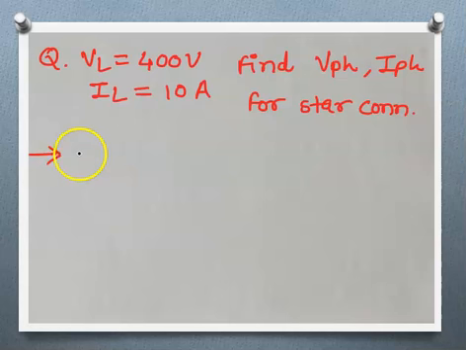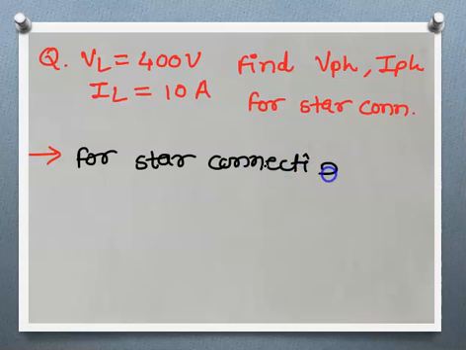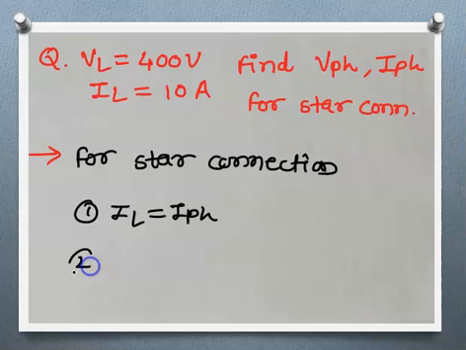So we know that for star connection we have these two equations: IL equals IPH, and second, VL equals √3 times VPH.